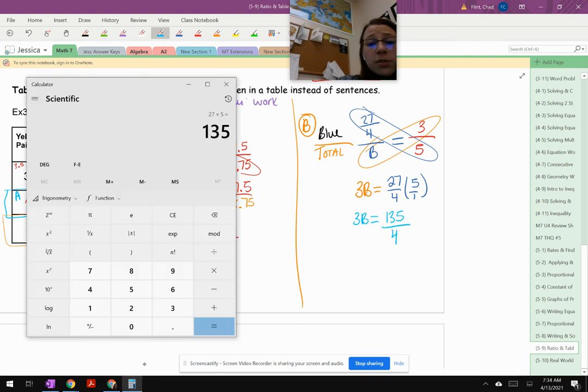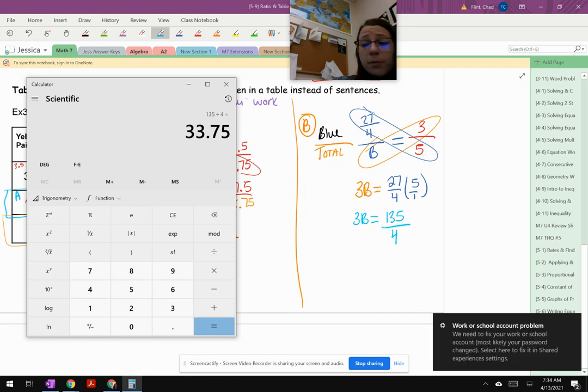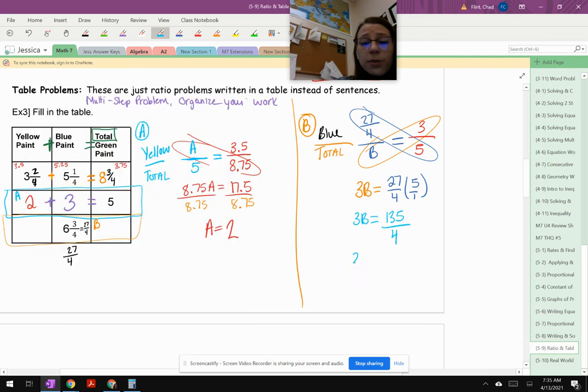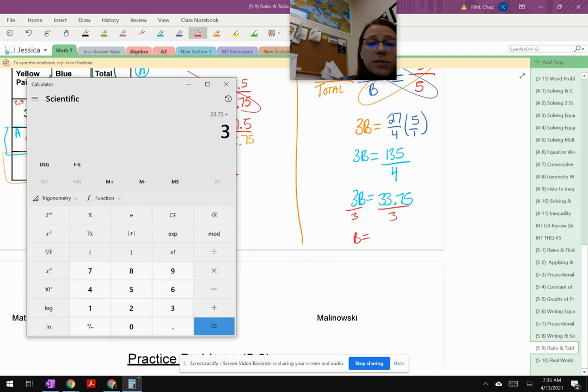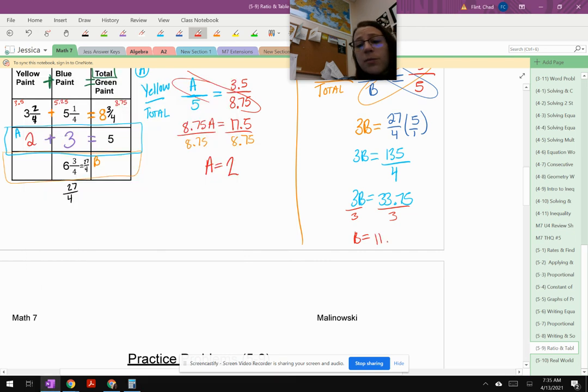Let's see what that is. 135 divided by 4. That's an easy enough number. Cool. So 3b is equal to 33.75, did that say? Yes. Last but not least, get that b isolated by dividing both sides by 3. Divide by 3, and we get 11.25 as our answer.